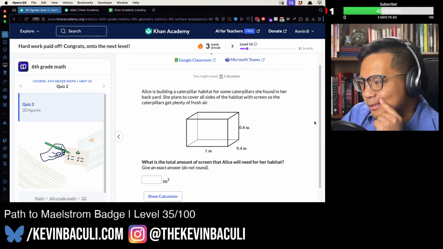She plans to cover all the sides of the habitat with screen so the caterpillars get. Even the bottom?